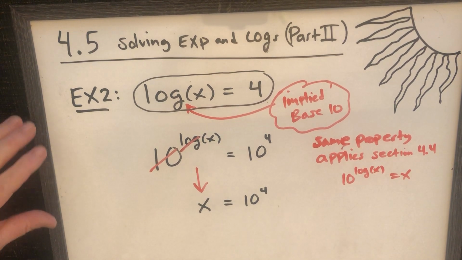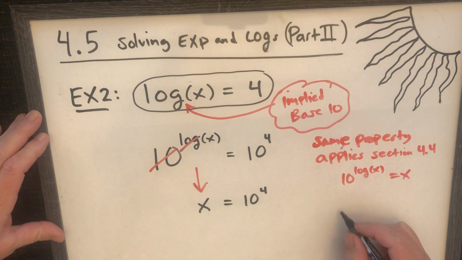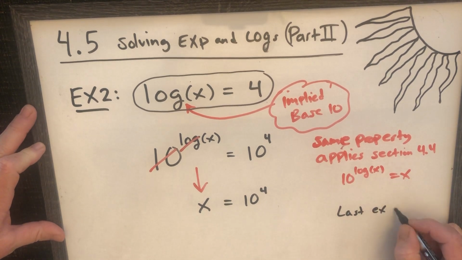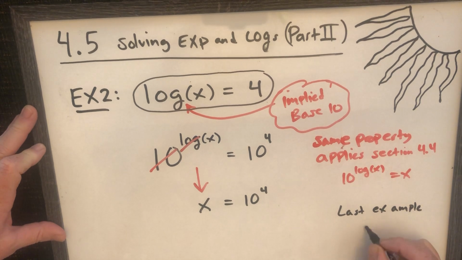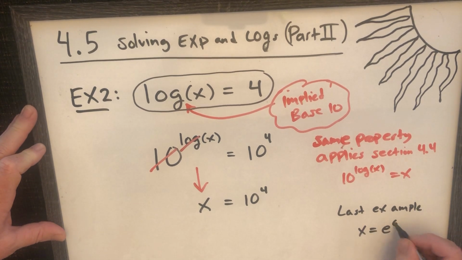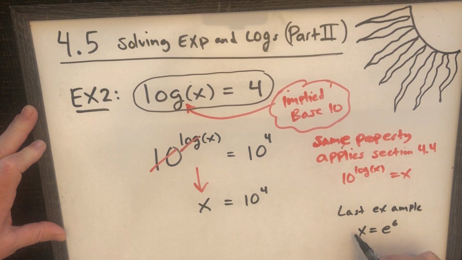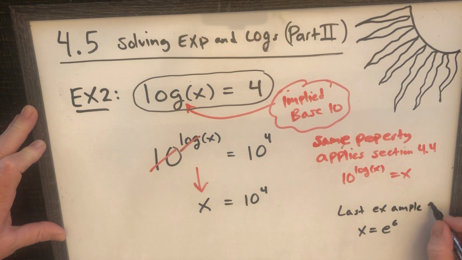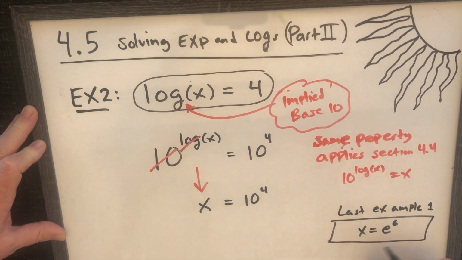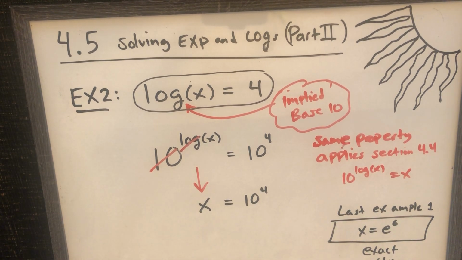Last time we had an answer of e to the 6. That would be the exact value. So I just left it as an exact value, and I didn't bother using a calculator to approximate it.